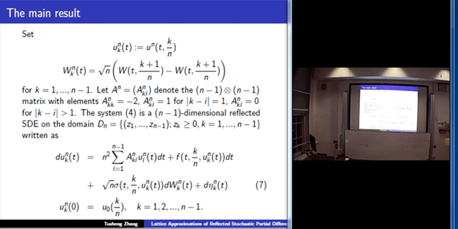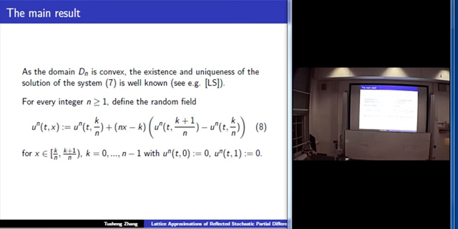Okay? So now I'm ready to introduce my scheme. On the discrete points, I just set my approximating random field to be equal to the value u_n(t, k/n), because it is already a well-defined solution of the system.